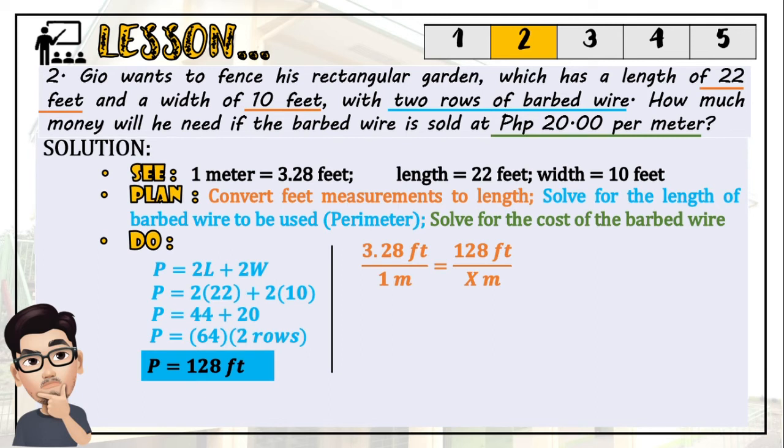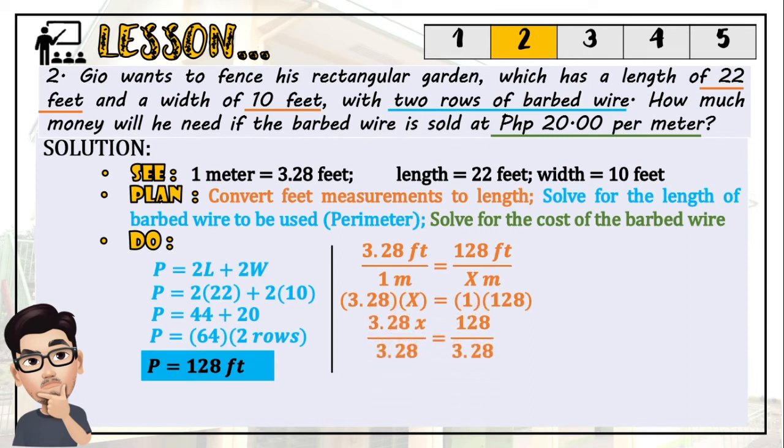So that will be 3.28 feet over 1 meter, which is our conversion factor, equals 128 feet over x meters. Okay? We let x be the measurement of 128 feet in meters.